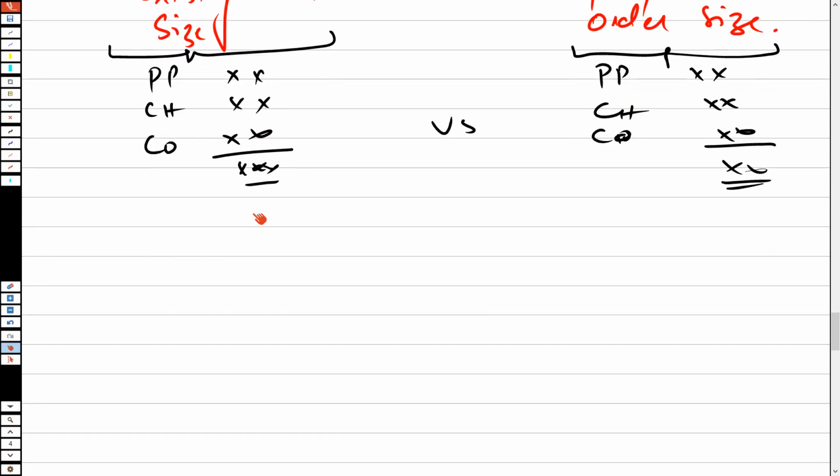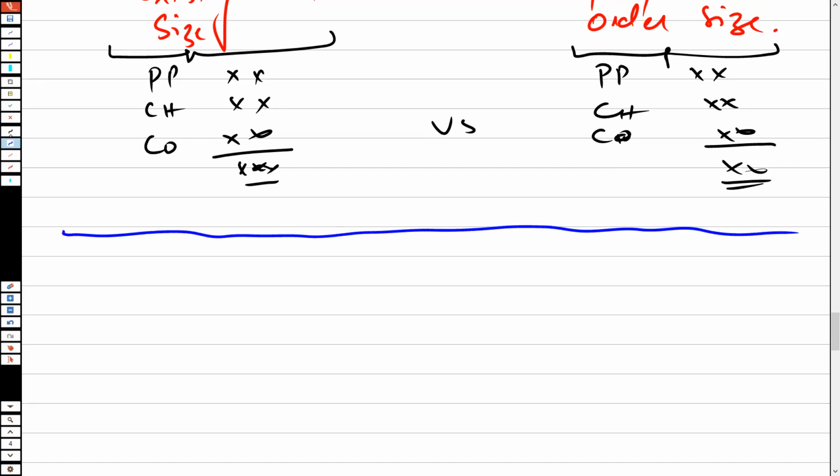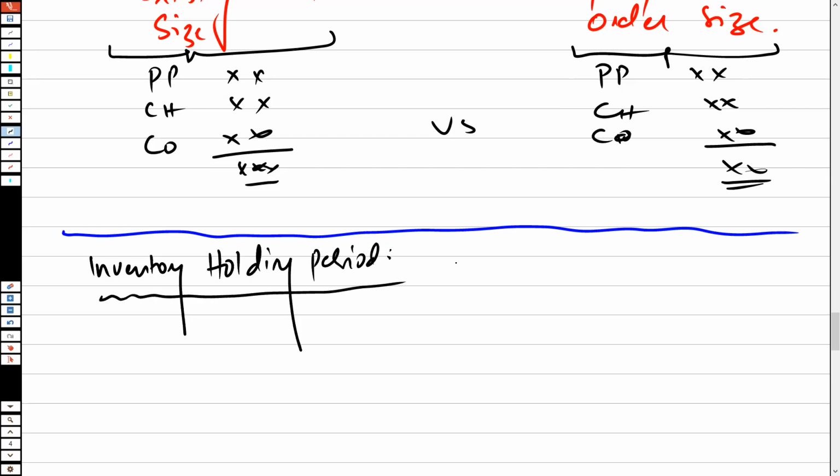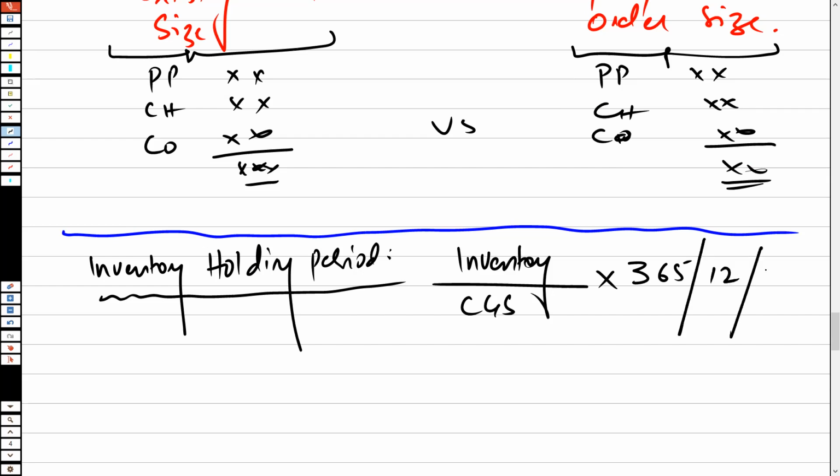Now, one important thing is that from the perspective of inventory management, one ratio is important, and that is the inventory holding period. So inventory holding period is determined as inventory divided by COGS, and it could be multiplied by 365, could be multiplied by 12, it could be multiplied by 52, depending upon how the examiner wishes to calculate this period.